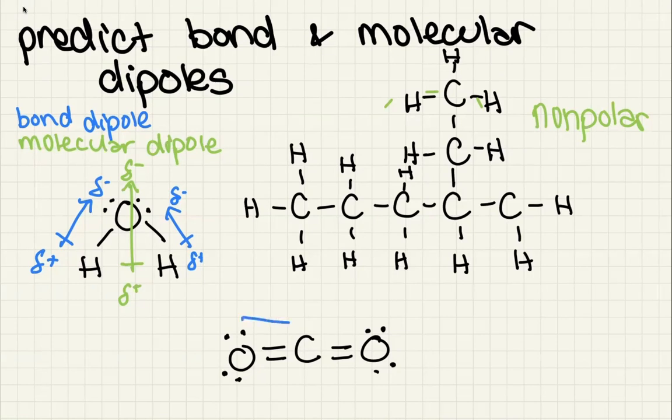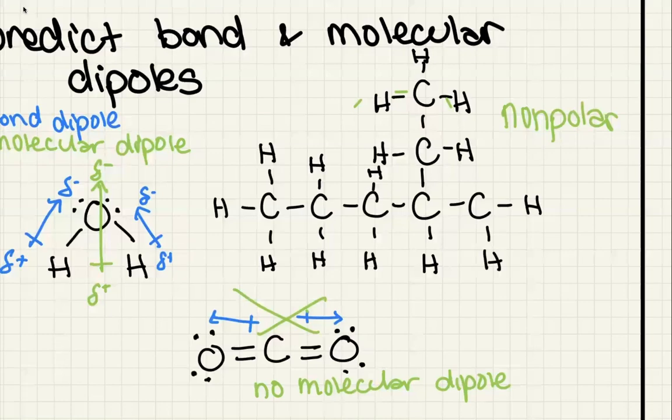So we're going to have our dipole going like this, and our dipole going like this. And so we'd have these bond dipoles, but they're canceling each other out. Because they're pulling evenly in each direction, we have no molecular dipole, even though we have bond dipoles.